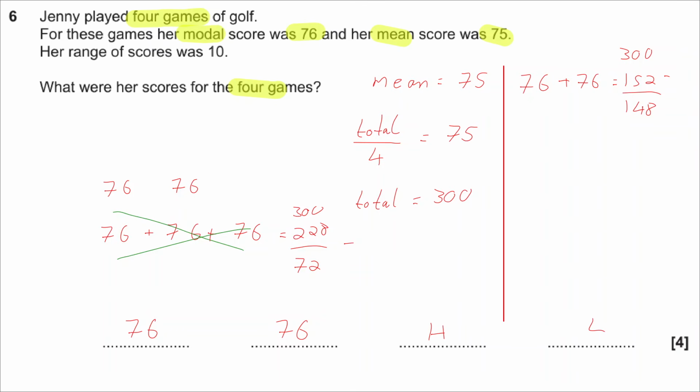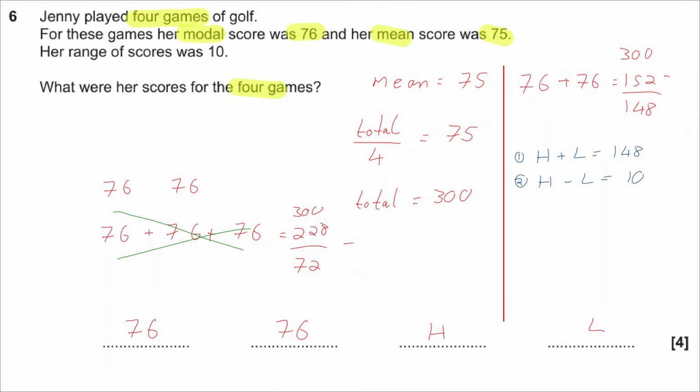And we know that this number and this number must add up to make 148, the remaining total. So your highest number and your lowest number must make a total of 148, but also the range is equal to 10. So you can also say that the biggest number take away the lowest number must equal 10. Actually, here you've got a pair of simultaneous equations, and these are quite nice to solve. Call this equation 1, call this equation 2.